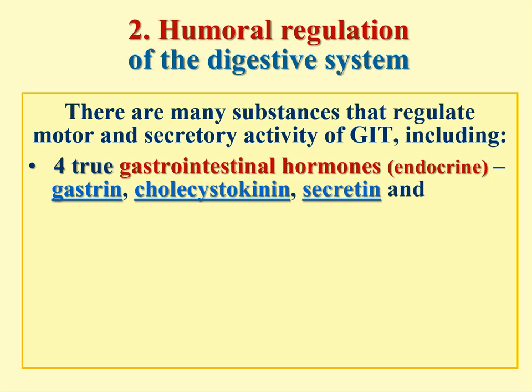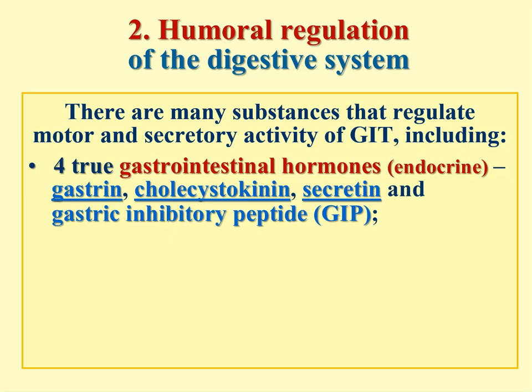This is gastrin, which is produced in the stomach, as you can see from the name. Cholecystokinin, already mentioned, and secretin, both come from the intestines. And also there is gastric inhibitory peptide. All these four substances are true hormones because they are secreted directly into blood.